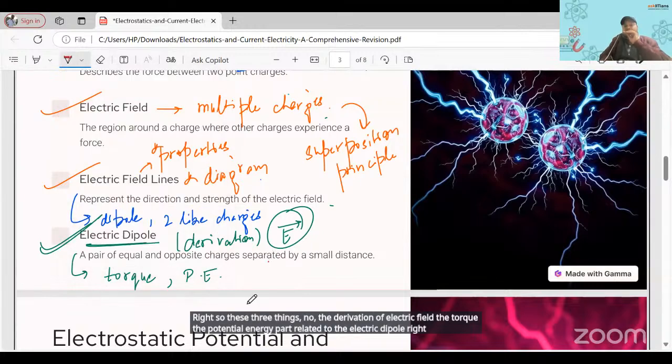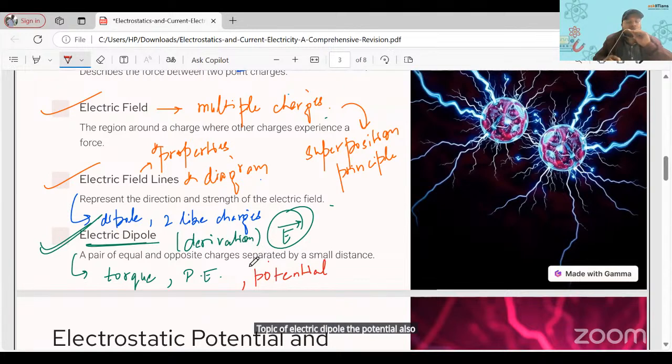And in the next chapter, electrostatic potential, you will have the potential due to an electric dipole. So let's take it as a combined topic of electric dipole. You also need to calculate the potential due to an electric dipole.